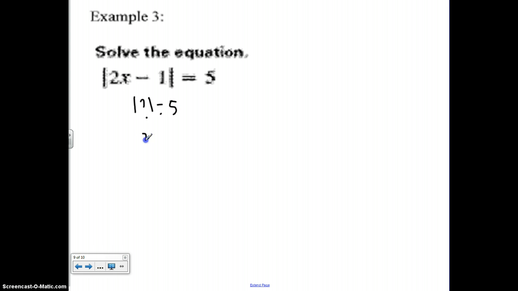Well, what do I know? That what could be positive 5 or negative 5. So I want to get either positive 5 or negative 5 inside those absolute value symbols. What can x be?